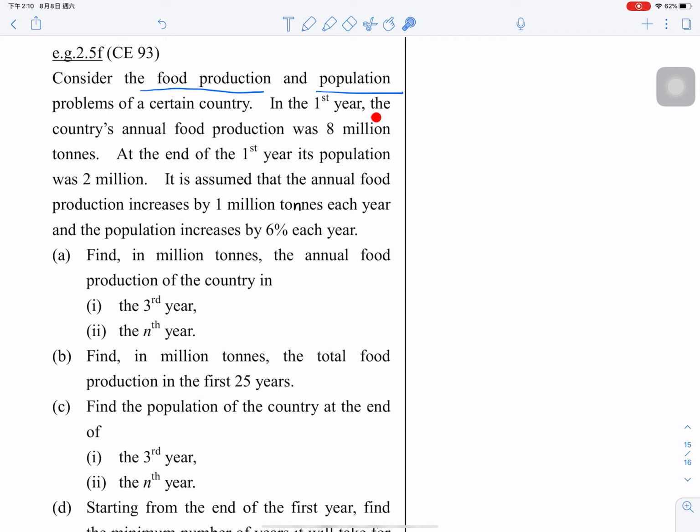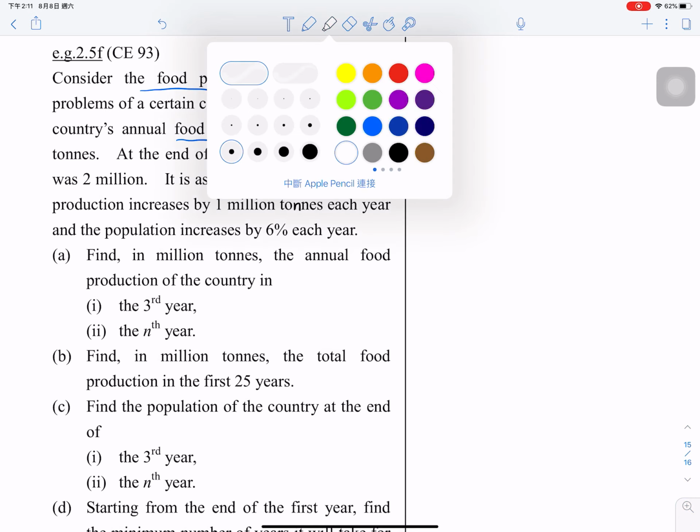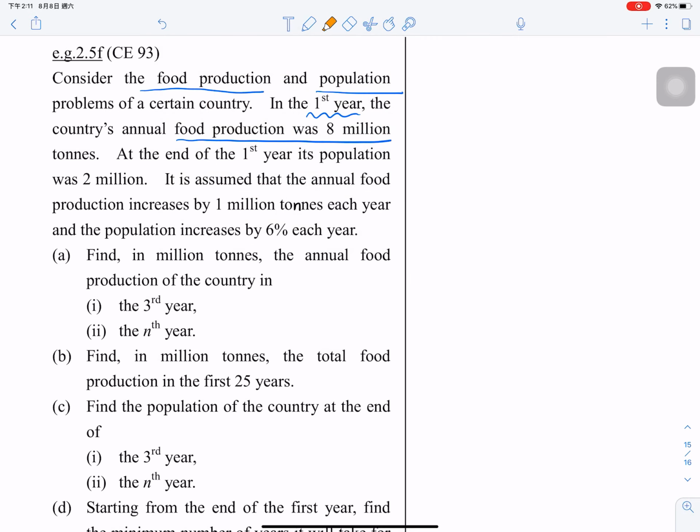Here in the first year, the country's annual fruit production was 8 million tons. At the end of the first year, its population was 2 million. Okay, the first year, fruit production 8 million tons, and the first year population was 2 million.